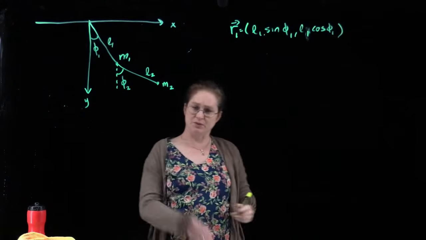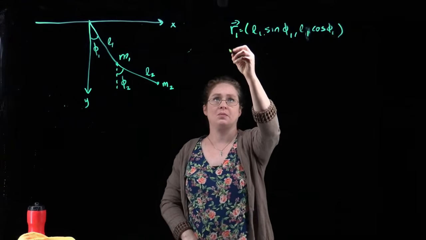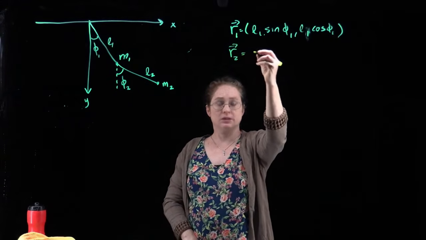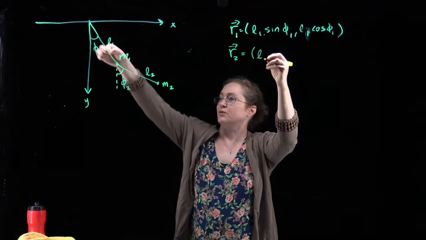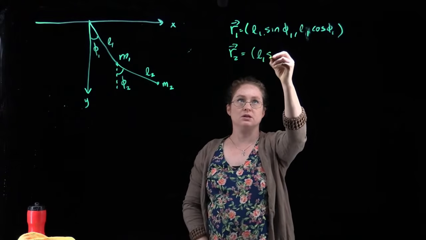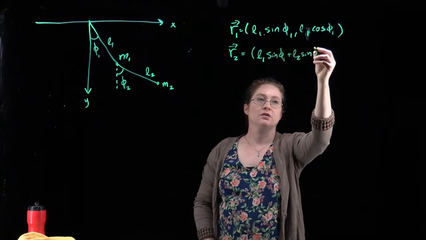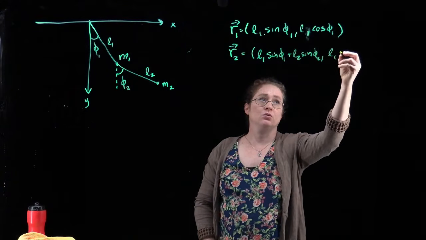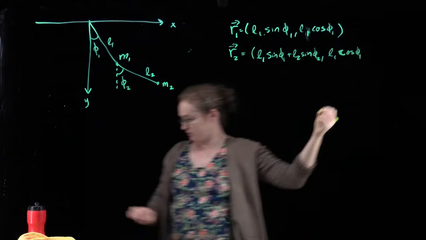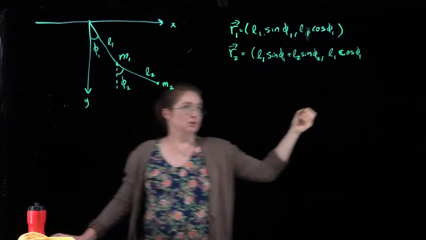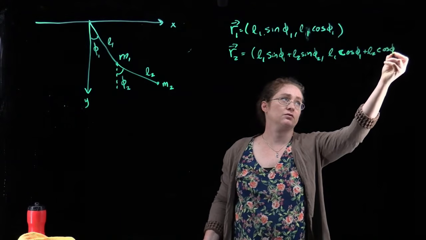We are not going to bother with the z coordinate because we're fixing this in the x and y plane. r2 is, you can add the sum of these two vectors. So this is (L1 sine phi 1 plus L2 sine phi 2, L1 cosine phi 1 plus L2 cosine phi 2).